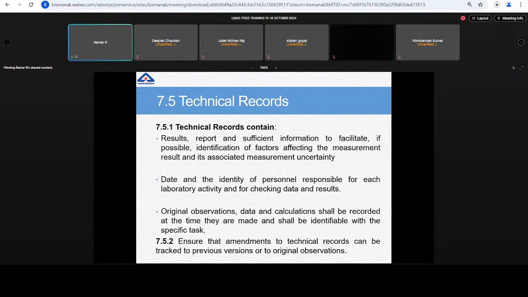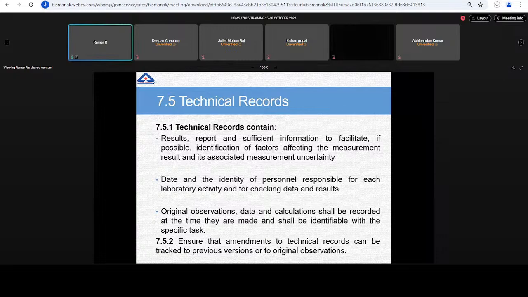Whatever instruments were used for the previous testing, and whoever performed the testing, the same personnel will repeat the test using the same equipment or vessels. Only then can you compare whether the results are okay or not. If you use different equipment or different personnel, the result may change because of that, and we are not sure whether the result differs because of the change in conditions, the different personnel, or because the calculation or test is wrong. We may not conclude.